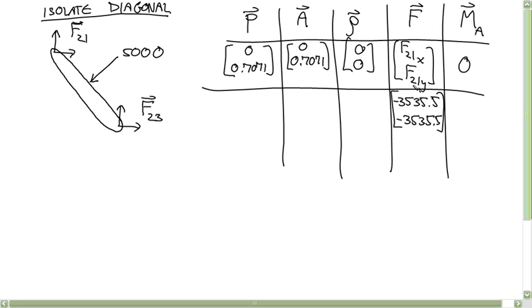We could go through all this, figuring out the vectors, but you could also just notice that this force is perpendicular to a distance of half a meter, right? So we can skip all this other stuff and just consider this. It's going to produce a clockwise moment of negative 2,500.